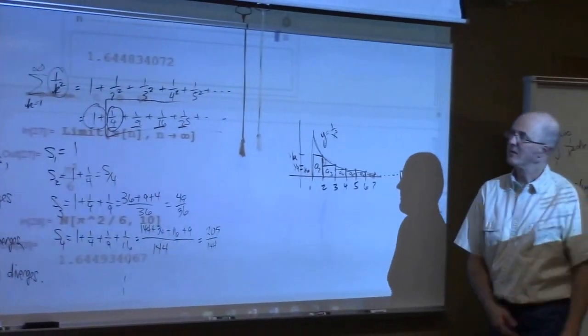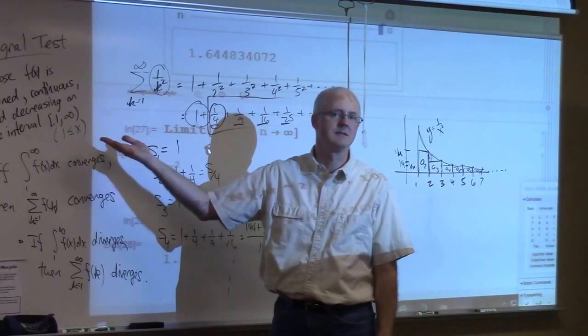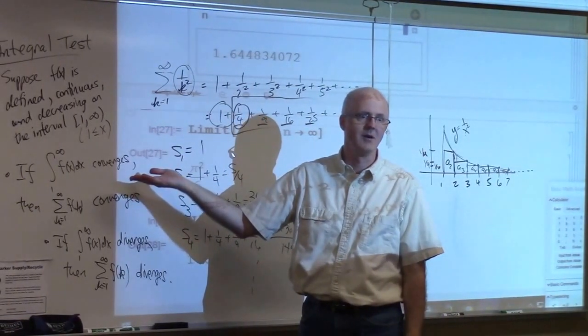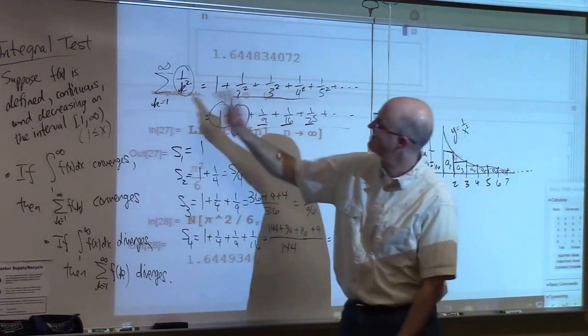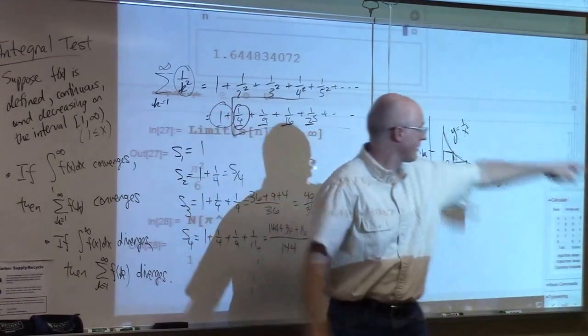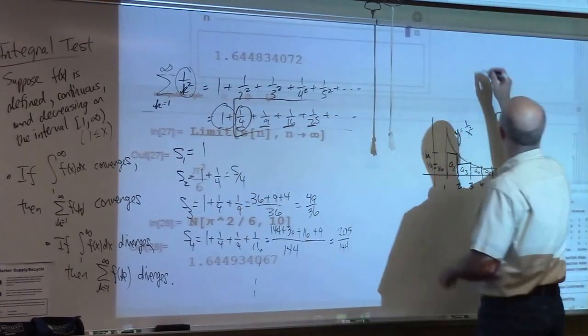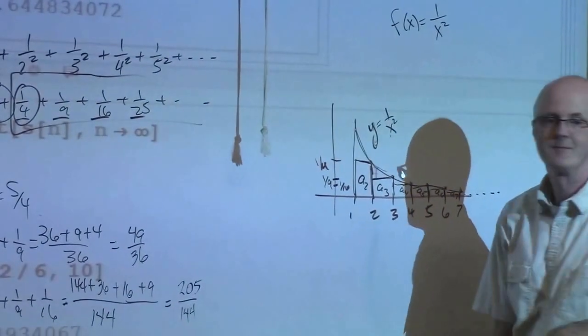How? Well, you've got to set it up. You've got to say what f of x is, and verify that the integral of f of x converges. What is f of x? How about 1 over x squared, just like over there? You start by saying let f equal 1 over x squared.